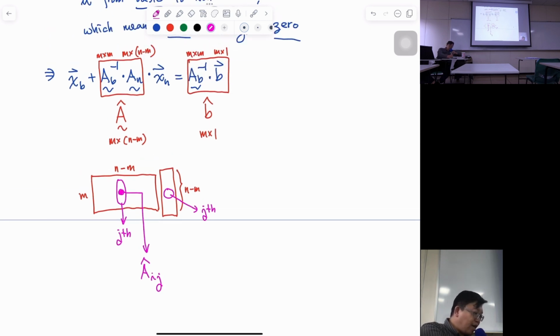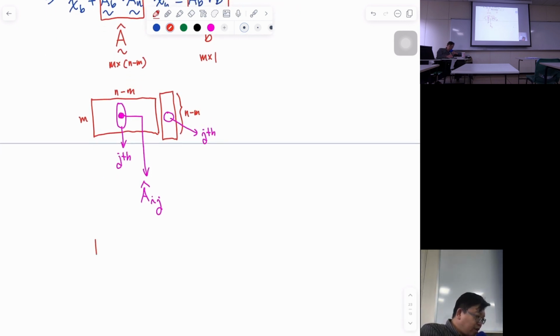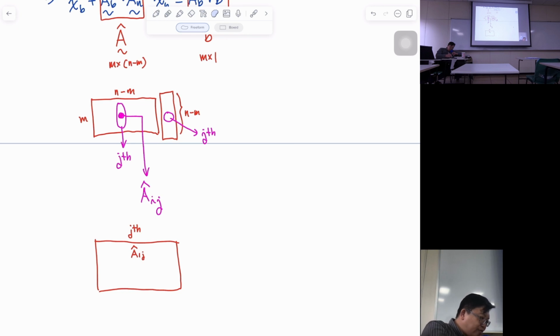So on the right hand side, I think the best way to show you is to write it down. So this is going to be the matrix, and this is the jth column.